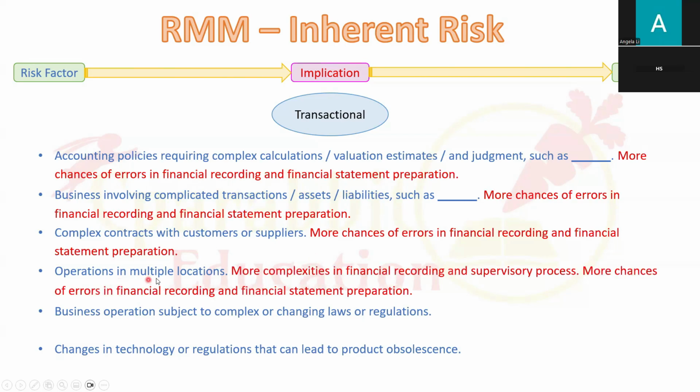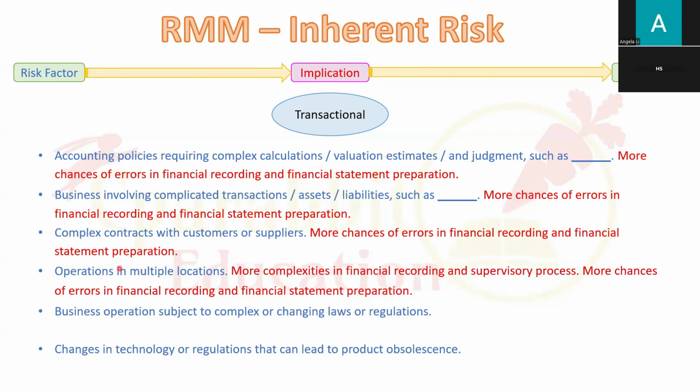And then we have operations in multiple locations, so the financial reporting, the supervisory process, and the system migration are more complex. More complicated things make people make mistakes. Therefore, the financial statements may be materially misstated. Correct? Just ask yourself, so what?